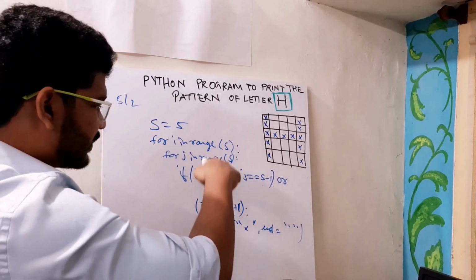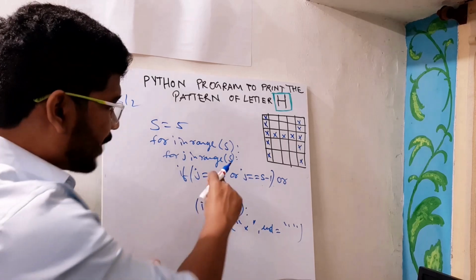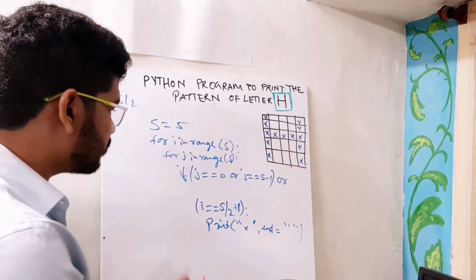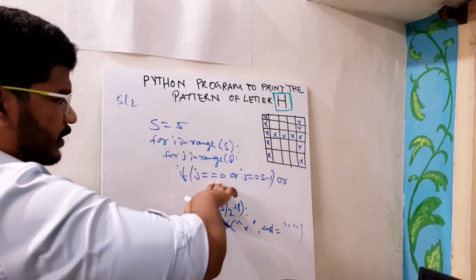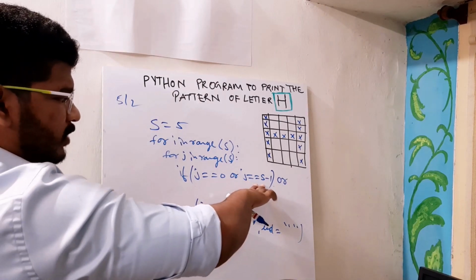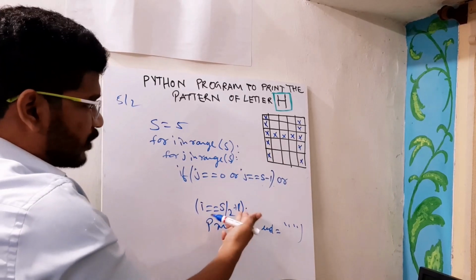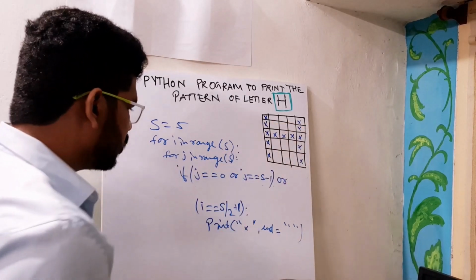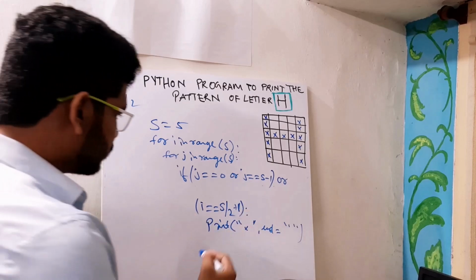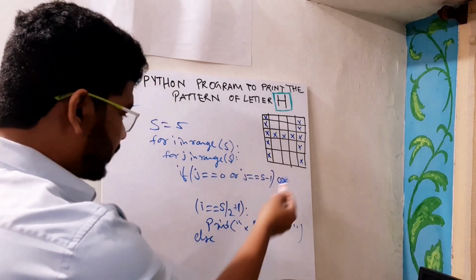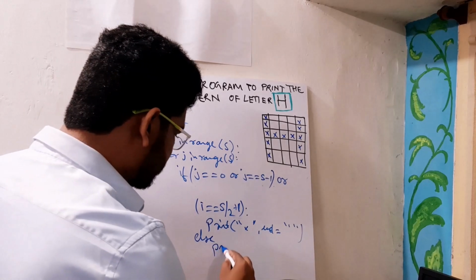You can combine these conditions and print, so we don't need to write if conditions multiple times. There is only one: if j equal to 0 or j equal to s minus 1, or i equal to s by 2 plus 1, that is for printing this row. So we have printed stars, and else, we need to print spaces, so I'll print spaces in else.